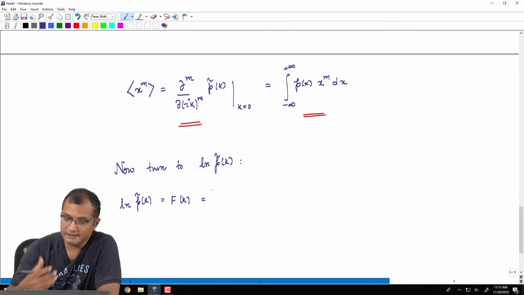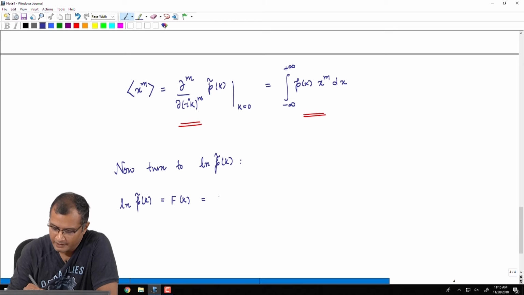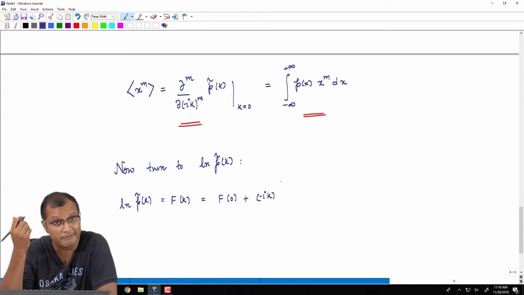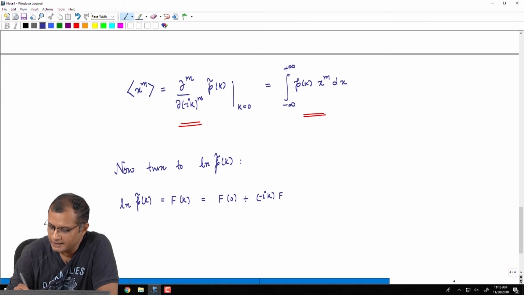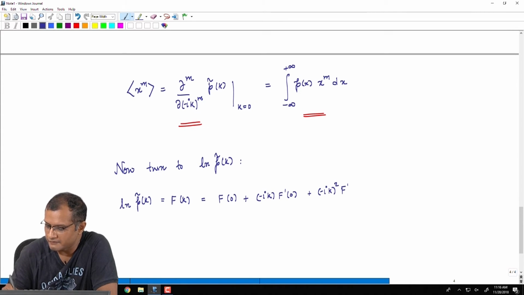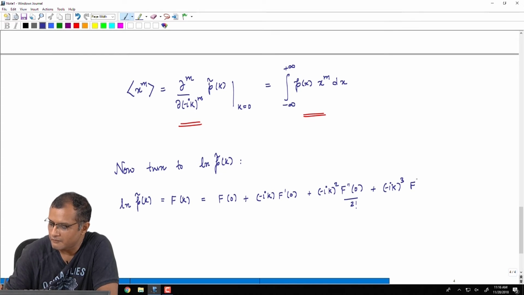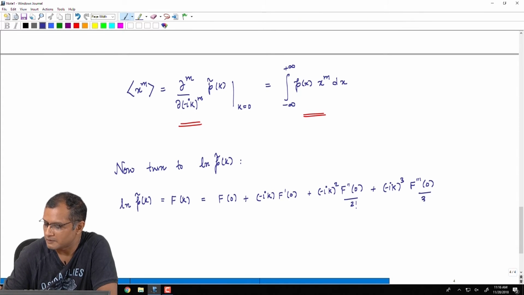Now, if I want to expand this in power series, I can write it as f of 0, that is the leading term, I am expanding around the origin, plus minus ik times f prime at 0, plus minus ik to the power 2 f double prime 0 over factorial 2, plus minus ik to the power 3 f triple prime 0 upon factorial 3.